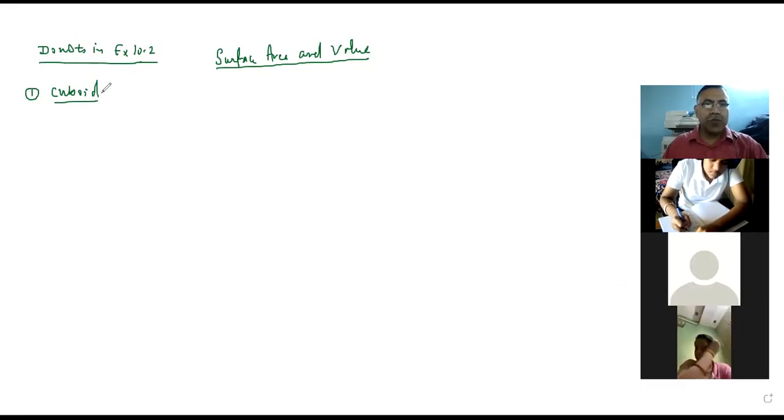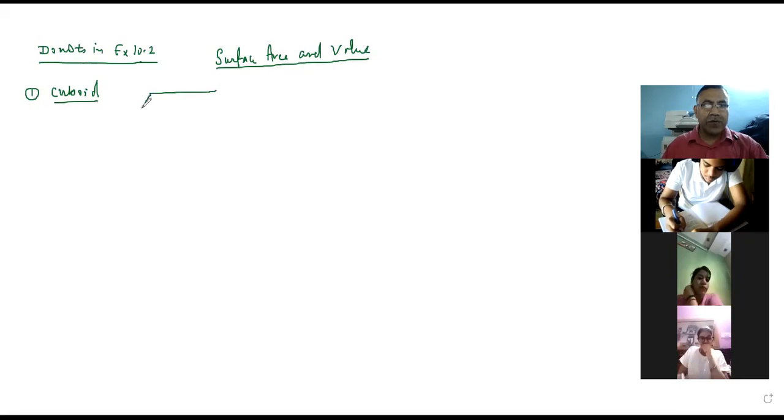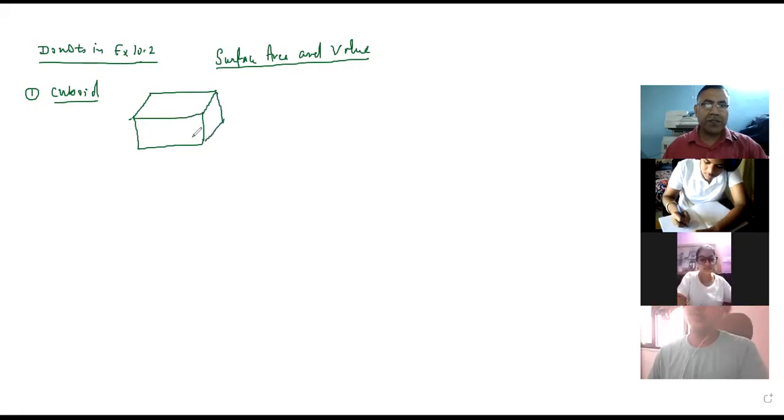सबसे पहले cuboid. A cuboid is a figure whose length, breadth and height are all different, like a box in your house. कुछ इस तरह से.